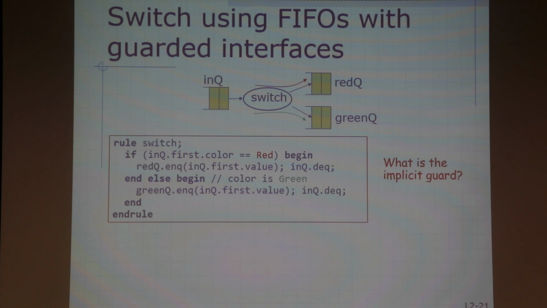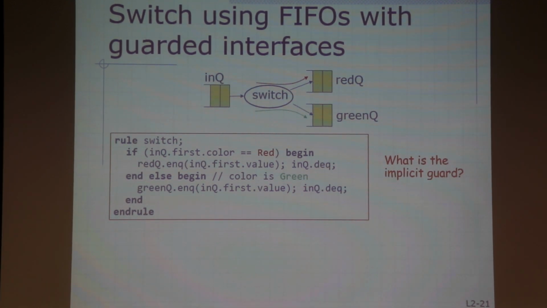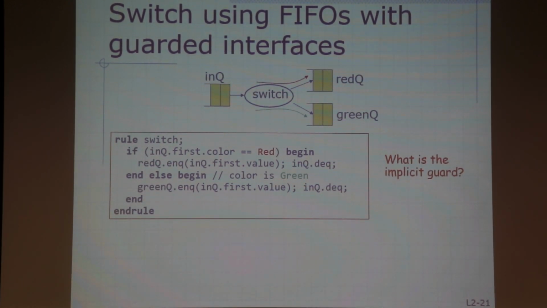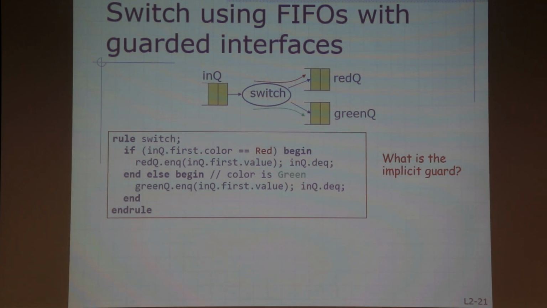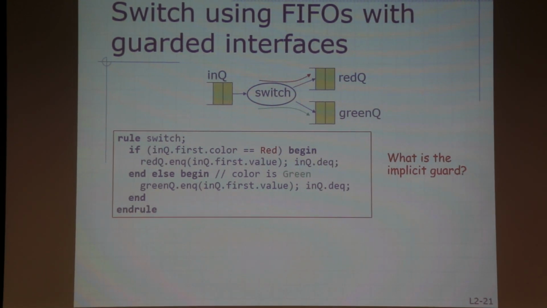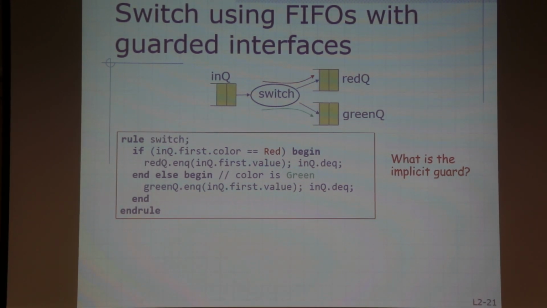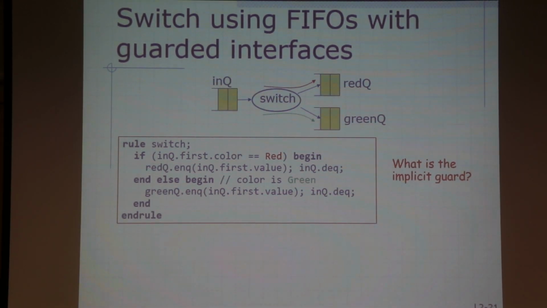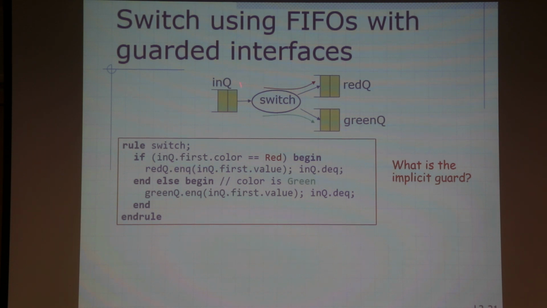Who's going to tell me what is the implicit guard here? This is much trickier than you think. What is the implicit guard here? One thing we can all agree on: this thing must be non-empty.